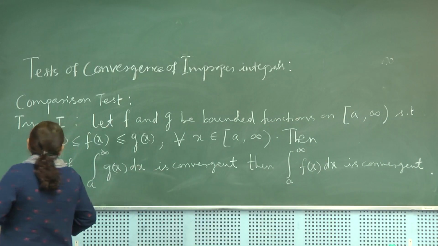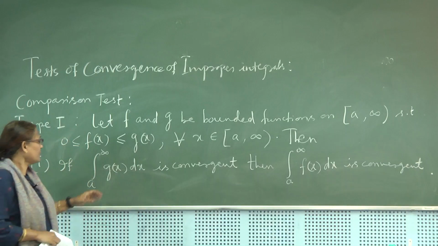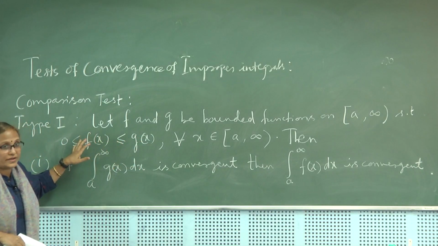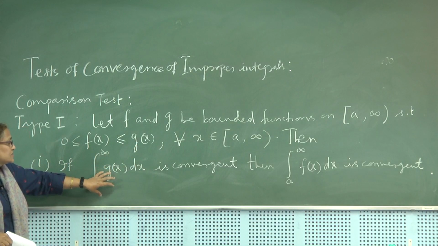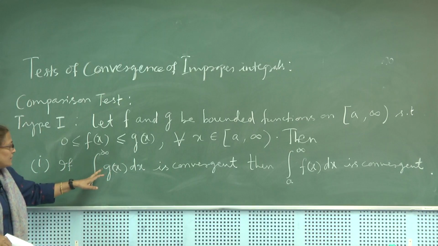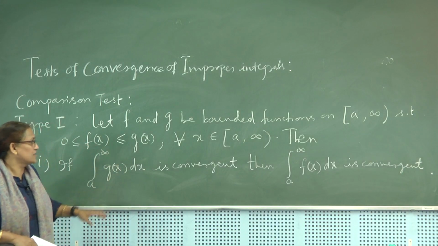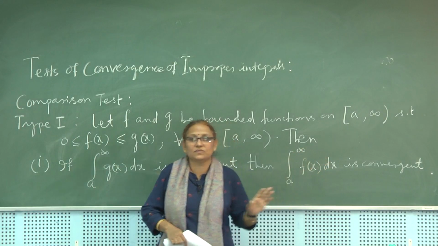This is quite natural, because this function f x is dominated by the function g x. So, if the improper integral of g x dx from a to infinity is convergent, the convergence of this integral is also assured.